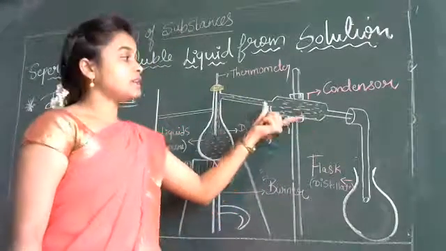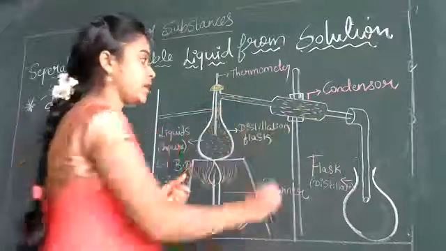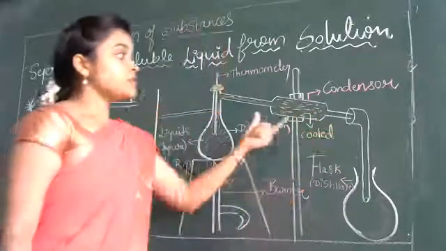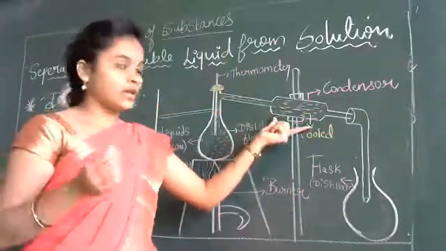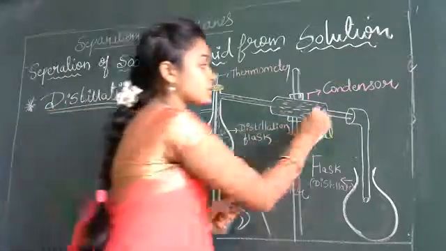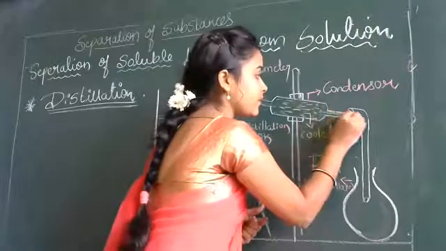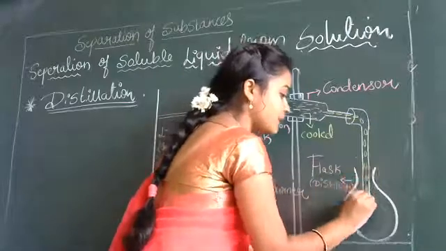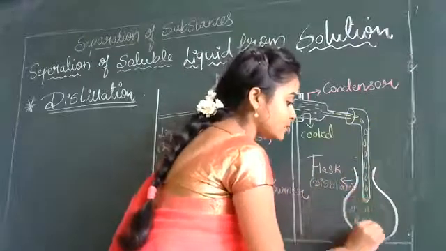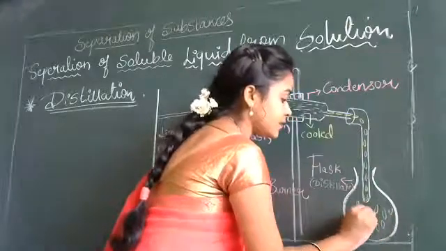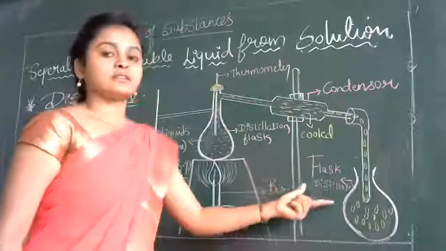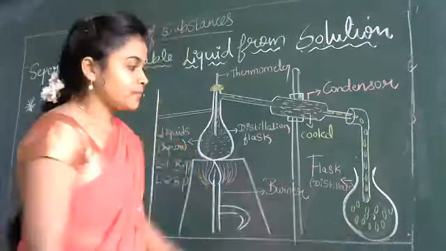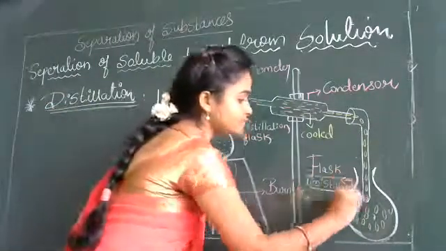In this condenser, these vapors are cooled. As the vapors cool, they are converted into droplets, right? Those droplets are collected in the receiving flask, and whatever pure liquid we get, that is called distillate.